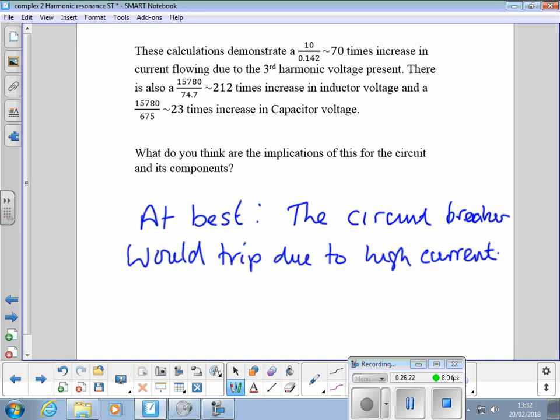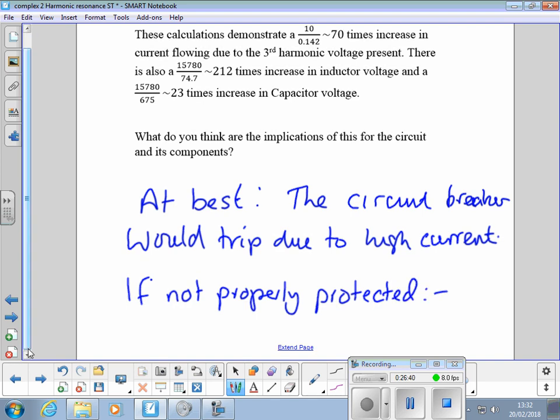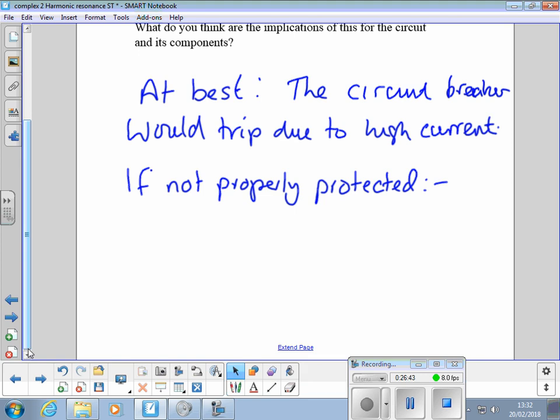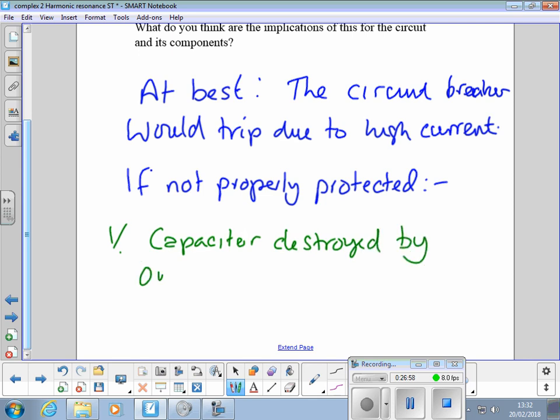If not properly protected, one: capacitor destroyed by overvoltage.